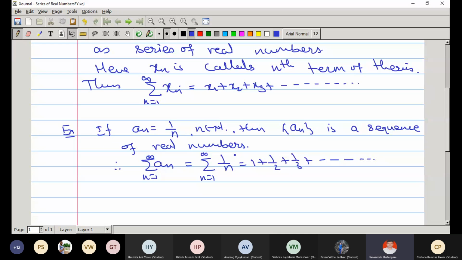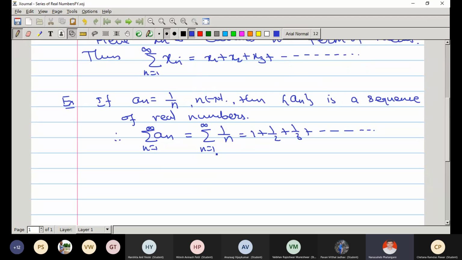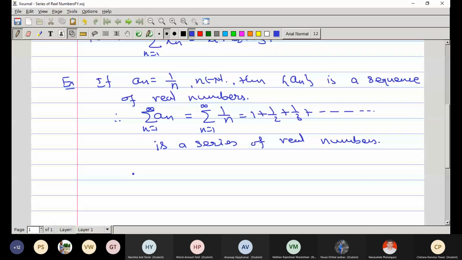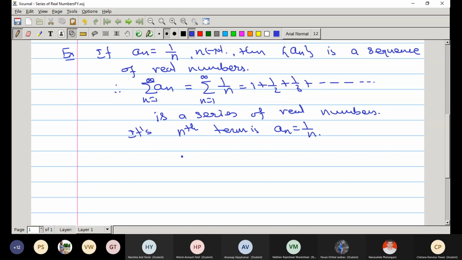And how many terms are we adding? Infinitely many, right? So it is a series of real numbers. So what is the nth term? The nth term is an, which is 1 by n, correct? Is it clear what I am saying?